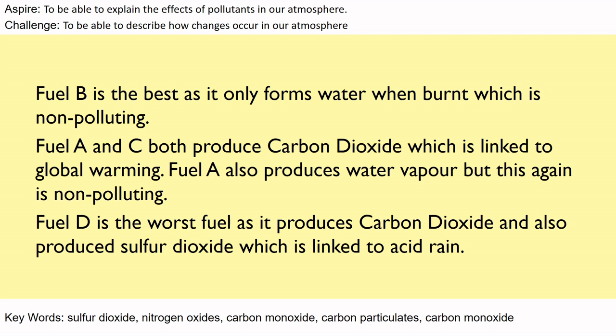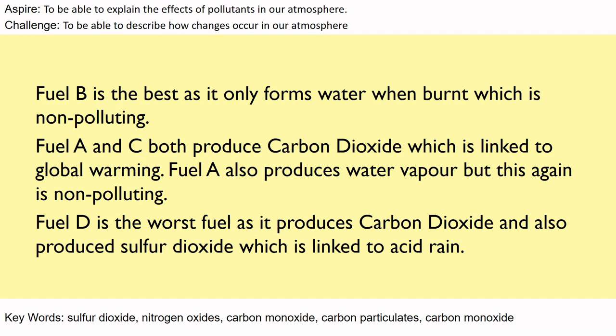So how I've written that is fuel D is the worst fuel as it produces carbon dioxide and also produces sulphur dioxide, which is linked to acid rain. Some of you may be thinking, why did I not link the carbon dioxide to global warming? And the reason I didn't is because it's already mentioned in the previous statement, and that would have just been repeating myself, whilst actually sometimes that's not a bad thing. I didn't see the point in writing it again now.